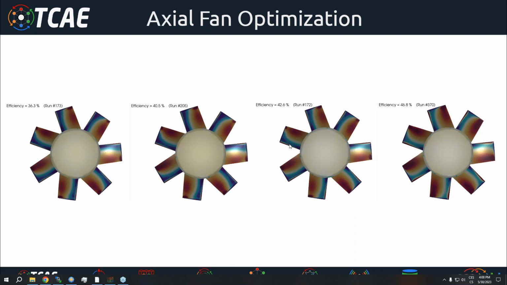But what you can see, the human eye sees approximately the same four fans, the same four impellers, four same blades. But the efficiency of the first one is 36%. The efficiency of the second one is 40. The efficiency of the third is 43%, and the last one is the most efficient, 47. The human eye can't recognize that.